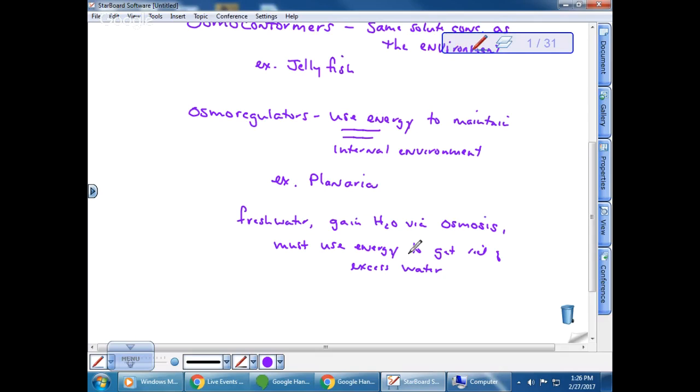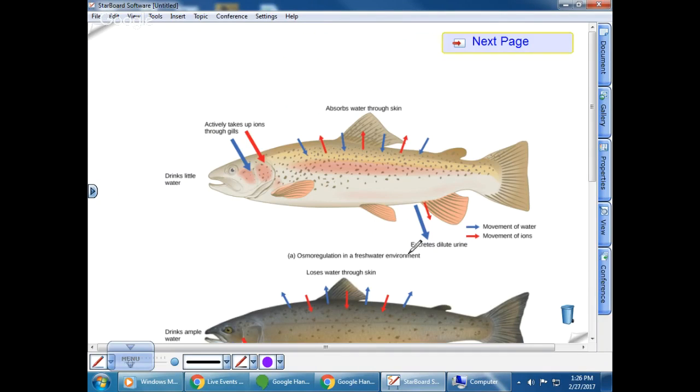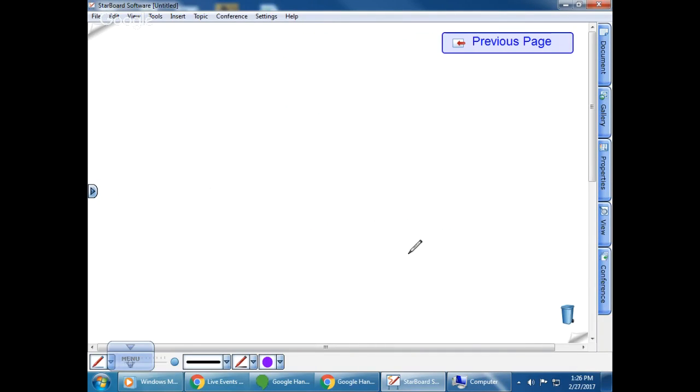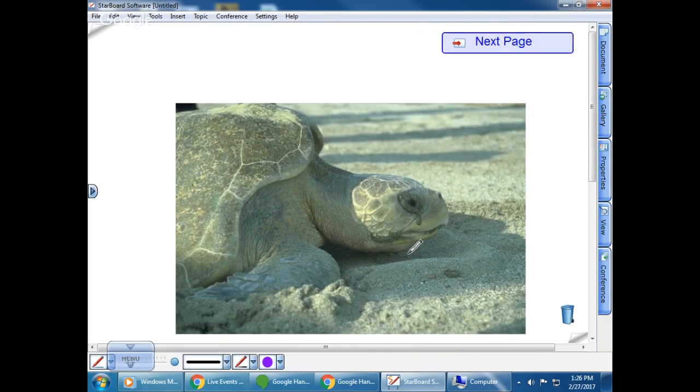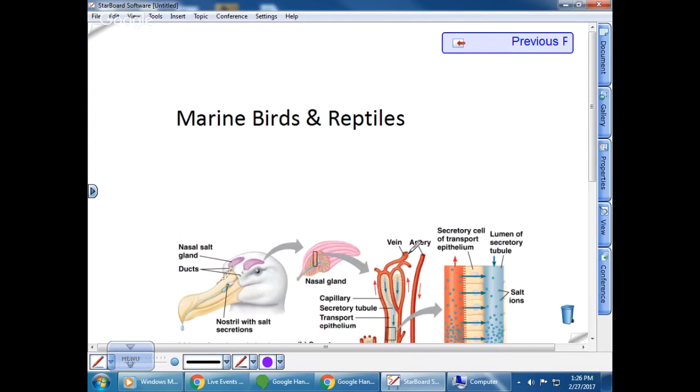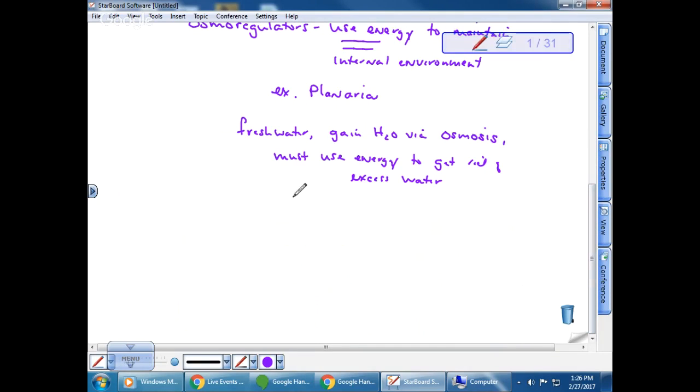And so if we look at the planaria, they have an interesting excretory system in that their tubules, oh, I don't have a picture of that. Anyway, they have tubules throughout their body that actually pump water out.